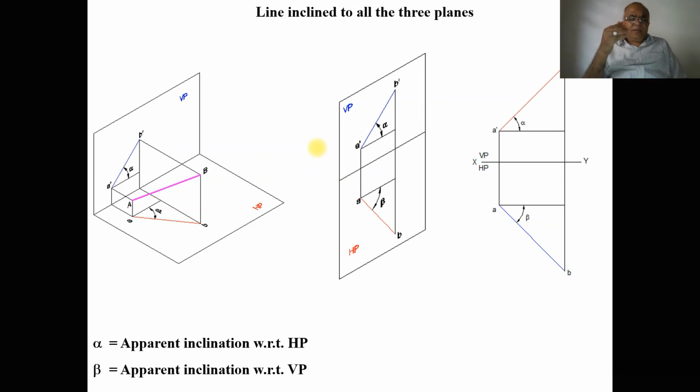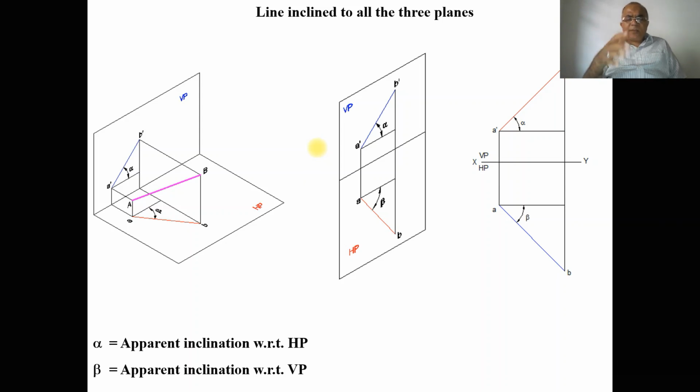But only if the line is inclined to the two planes, that is HP and VP, we will be considering that the line is also inclined to the profile plane. So these are all the various positions from where we will be able to analyze the problem in the projections of lines.